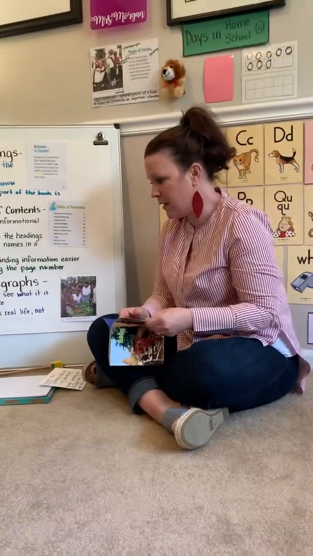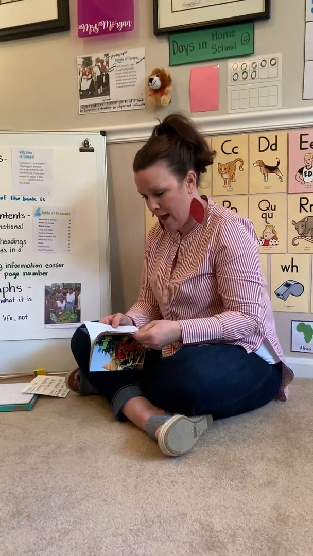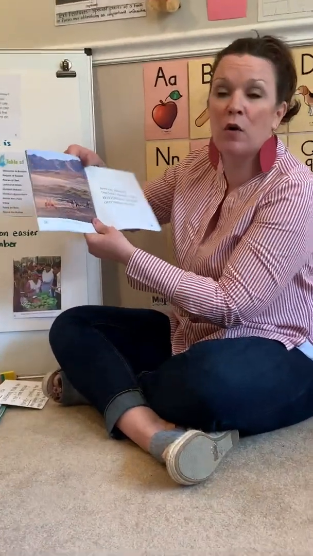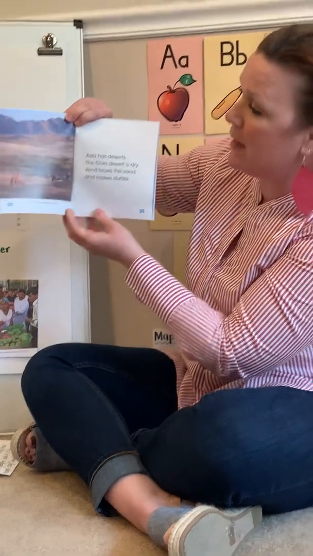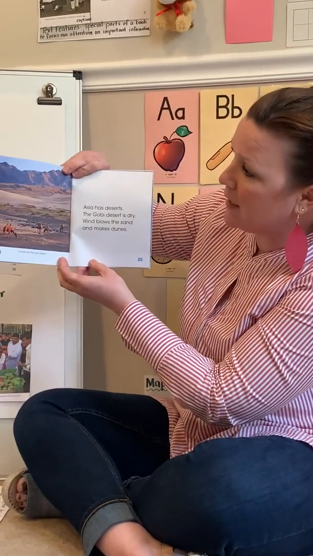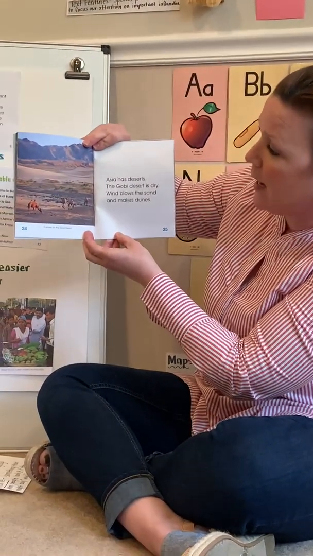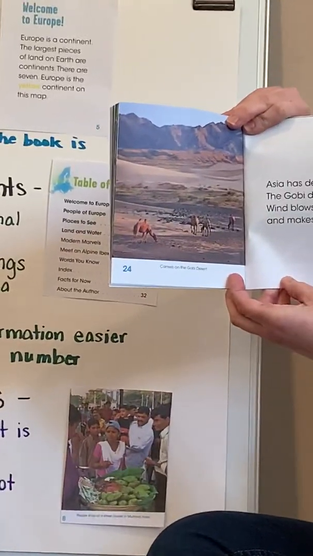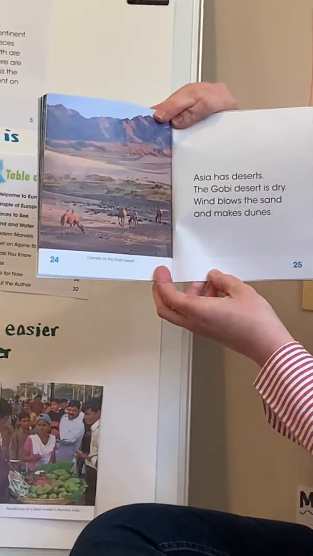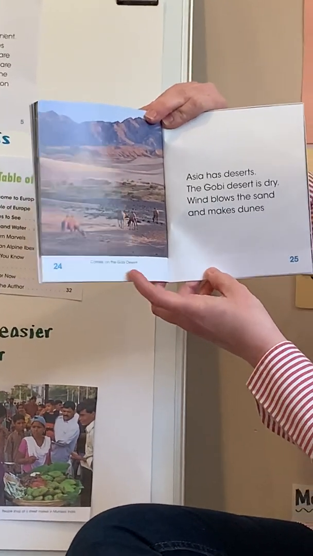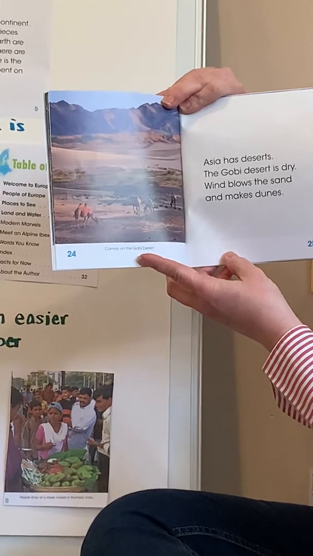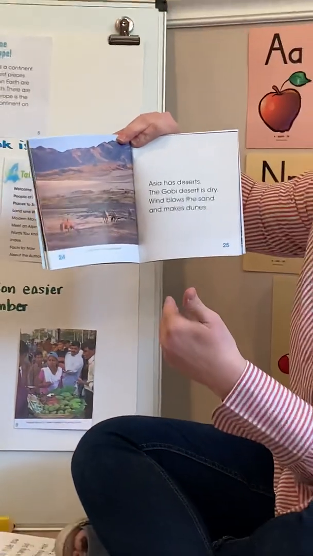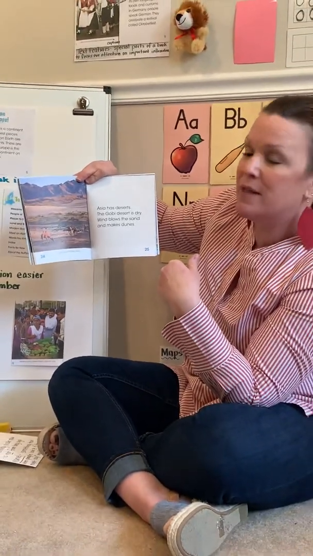So I can look at the desert picture. So another photograph in the book Asia, and I can zoom in on it. And it says Asia has deserts. The Gobi Desert is dry, wind blows the sand and makes dunes. And the caption says camels on the Gobi Desert, but there's not a lot of other words here about the desert.